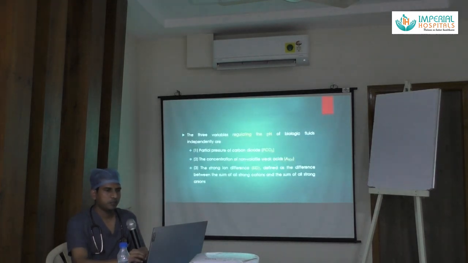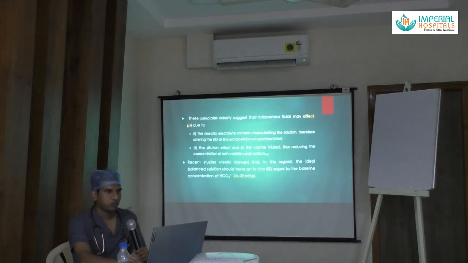The three variables independently regulating the pH of biological fluids are the partial pressure of carbon dioxide, the concentration of non-volatile weak acids, and the strong ion difference. Strong ion difference is defined as the difference between the sum of strong cations and the sum of all strong anions. These principles clearly suggest that intravenous fluid may affect pH due to its specific electrolyte content.